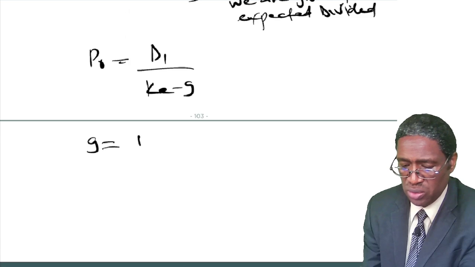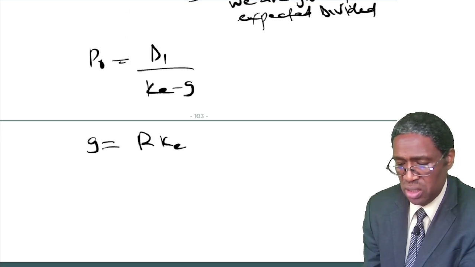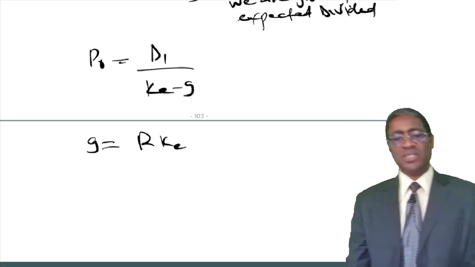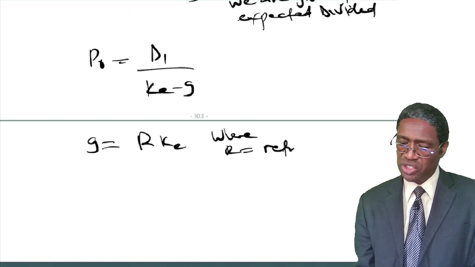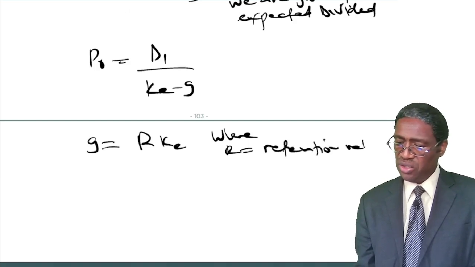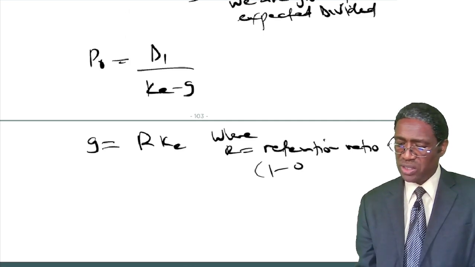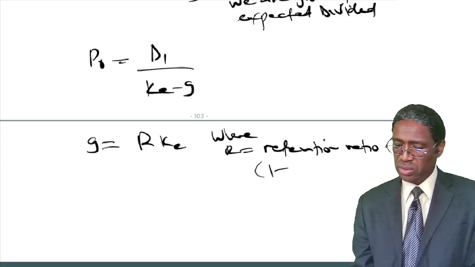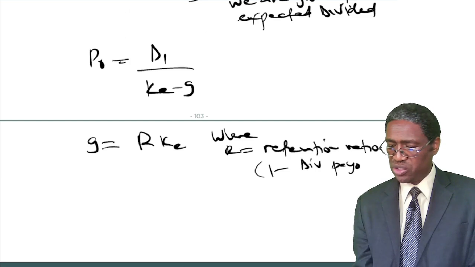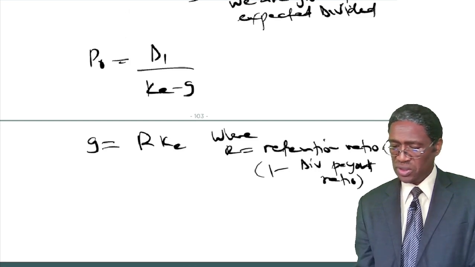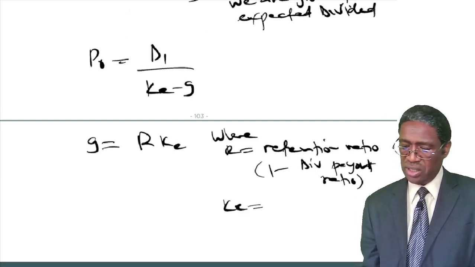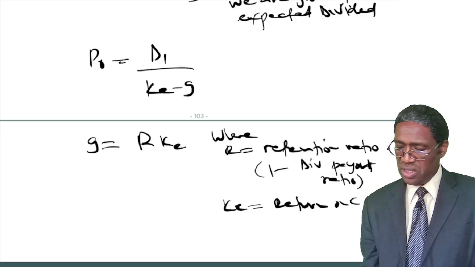G is equal to R by KE, where R is the retention ratio, which I told you is also 1 minus what? 1 minus the dividend payout ratio. Then KE is the return on equity.